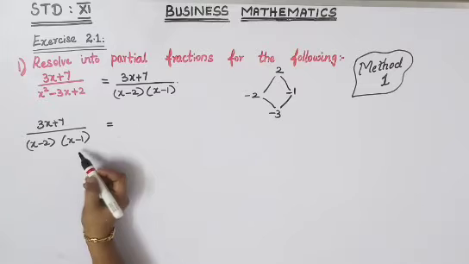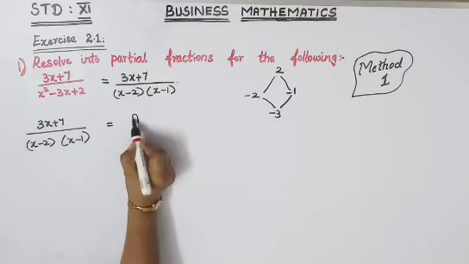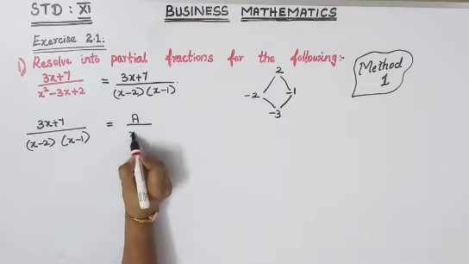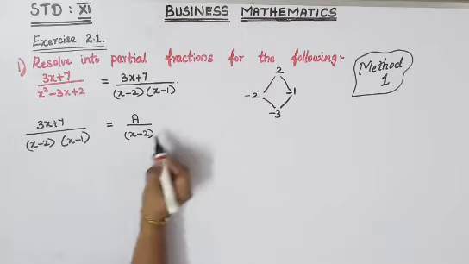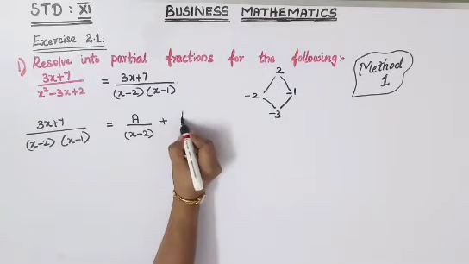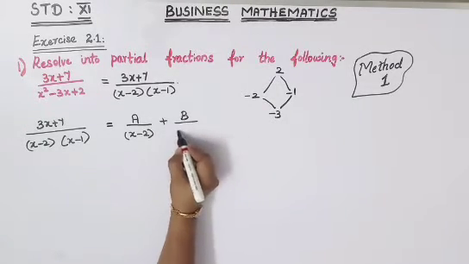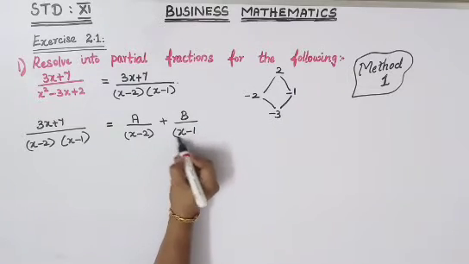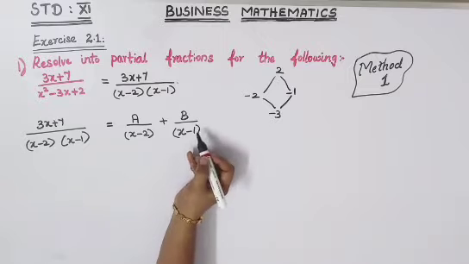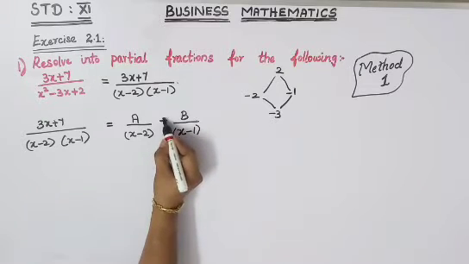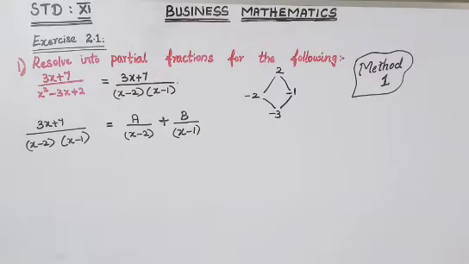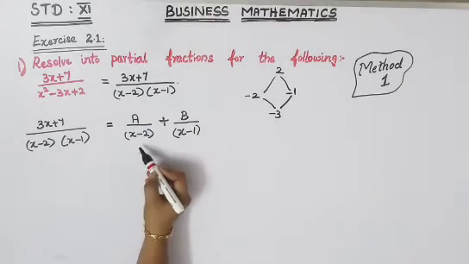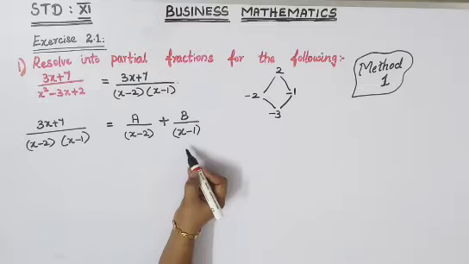Here it is not repeated, so you'll go to A divided by (x − 2) plus B divided by (x − 1). So this is your method 1. You can check the concept I've done before; method 2 and method 3 will be explained over there.